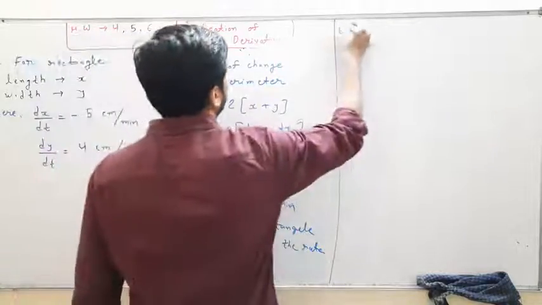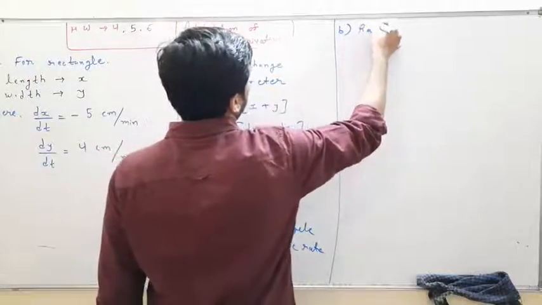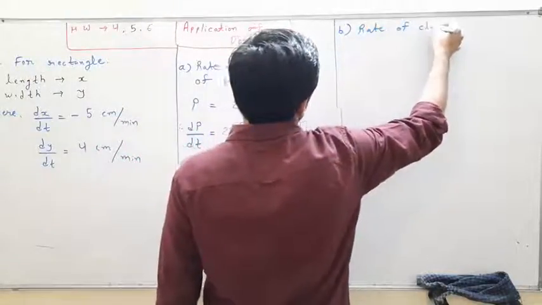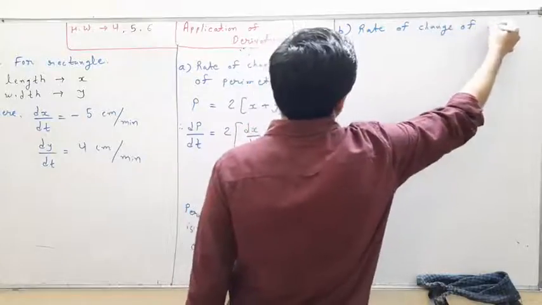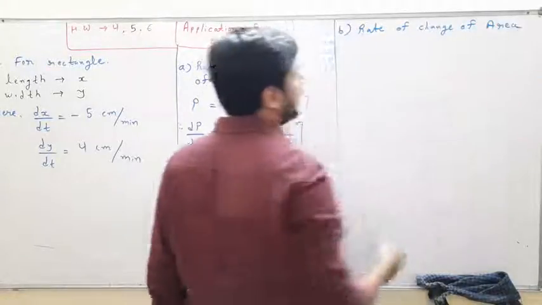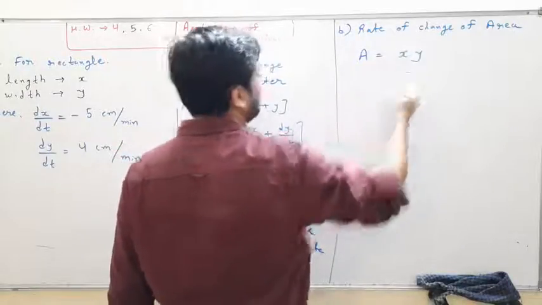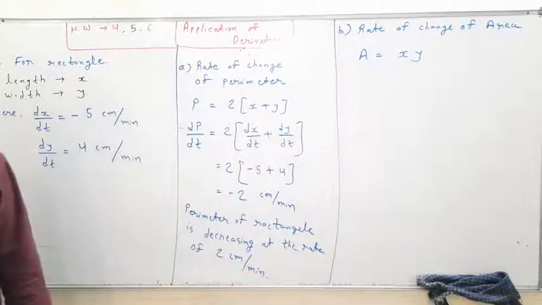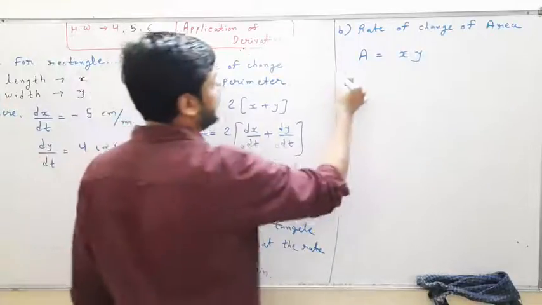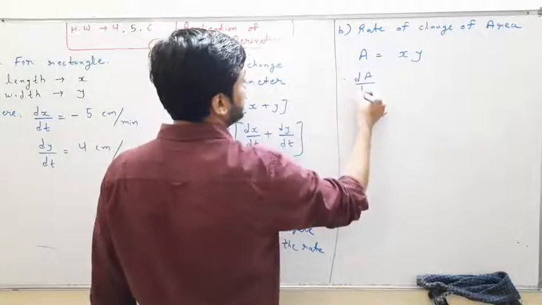Second, you have to find the rate of change of area. Area of a rectangle is x into y. When we differentiate with respect to time, that is dA by dt.